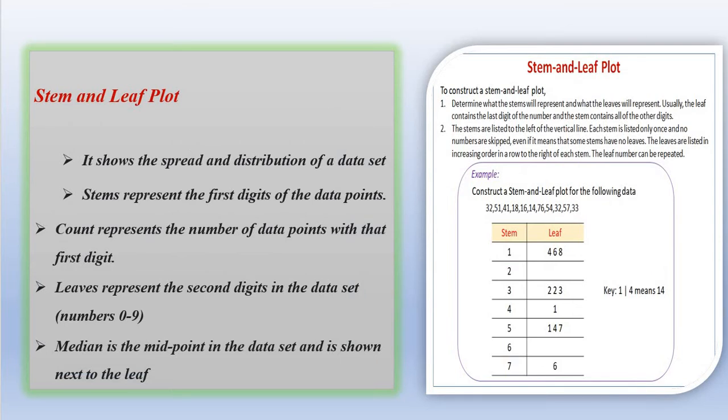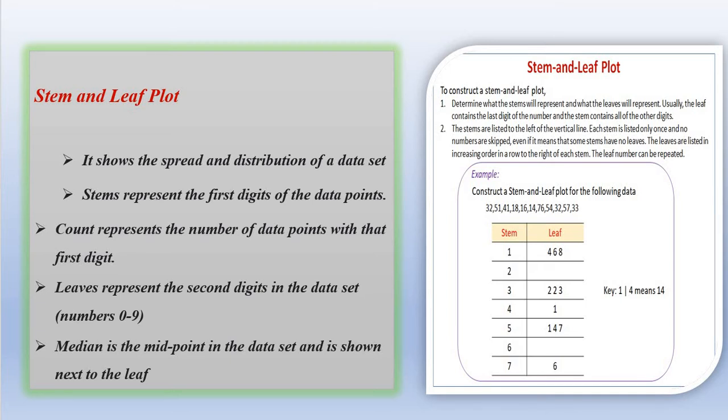Next one is the stem and leaf plot. It shows the spread and distribution of a data set. A simple example is given here to describe the stem and leaf plot. Stems represent the first digits of the data points. Counts represent the number of data points with that first digit.